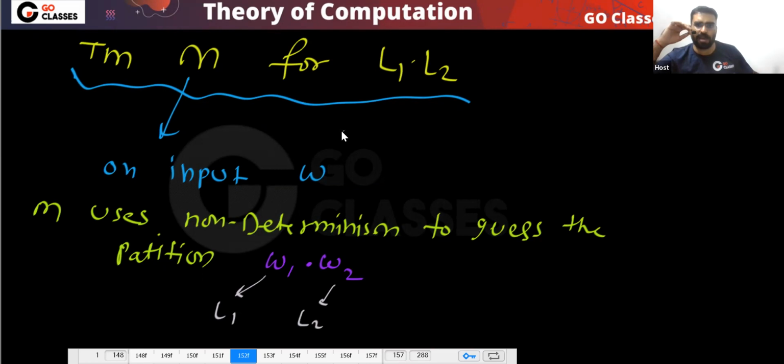So your Turing machine M can use non-determinism to guess this partition.